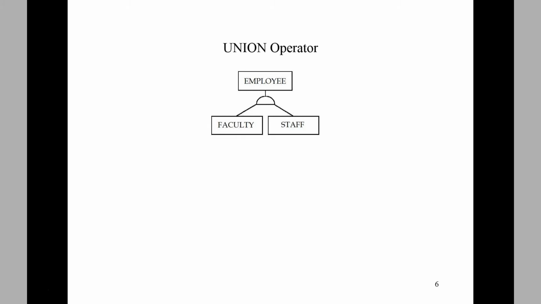So the combination of the functional or behavioral difference as well as structural difference says perhaps instead of implementing a general employee table, it makes sense to implement tables from the subtype so that we would have a faculty table and a staff table. And that's exactly what we've done in our database.